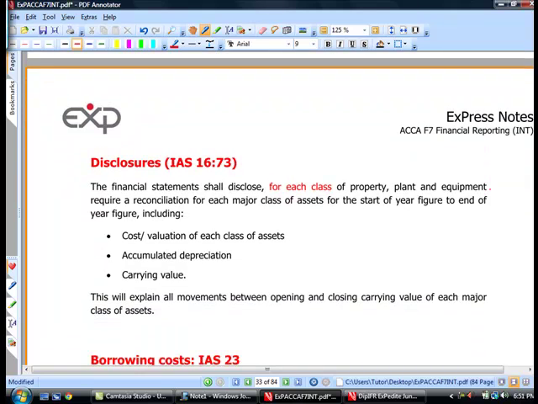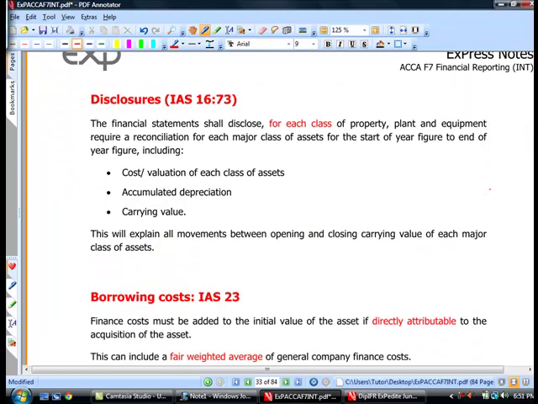The disclosures regarding property, plant and equipment are extensive, and in most cases companies will use a tabular form.